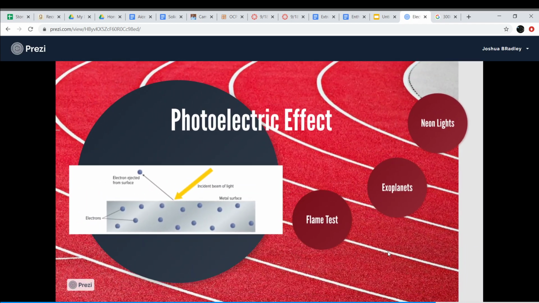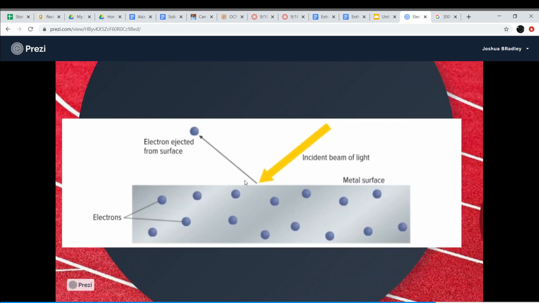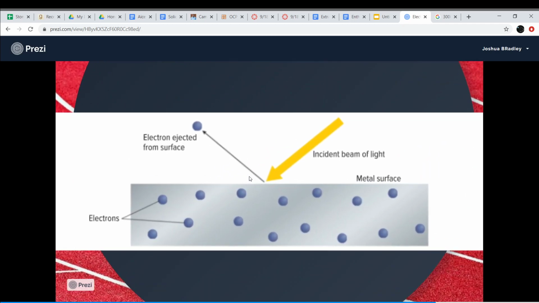Okay? Now, this is also something that ends up being involved in the photoelectric effect. Okay? And what's going on with the photoelectric effect is that you can have a beam of light that excites an electron so much that it can escape from a surface. Okay?